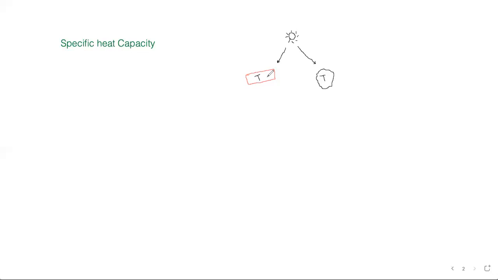Because it's easy to warm it up compared to rock. That means that increasing temperature is easier for a metal compared to rock.